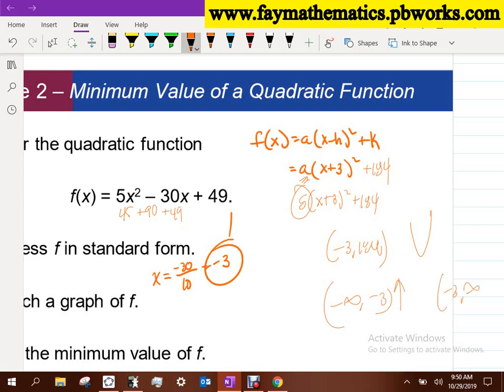From -3 to positive infinity, increasing. And that's all information that we hope to gain from just being able to know what the vertex is.